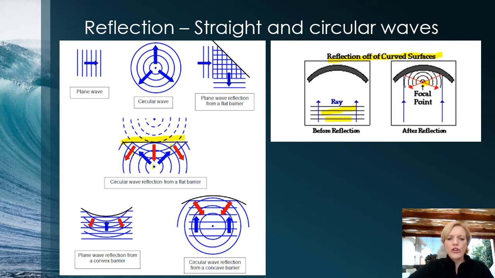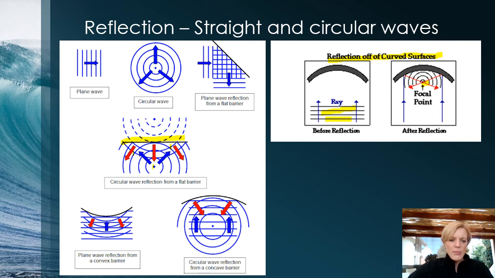I'm not going to ask you to describe this in detail yet. I really don't think that's fair. But the most important thing is you need to know that the shape of the barrier, or morphology of the barrier, is going to affect how the waves change in direction.